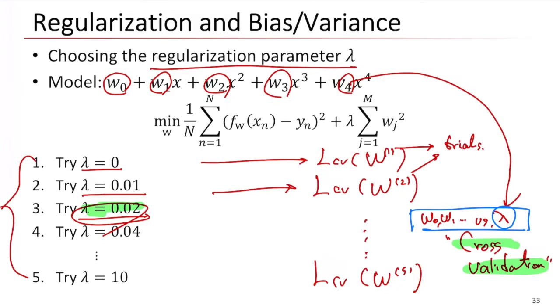During the training phase, we just find the optimal W0 or W1, but we don't know what is the best solution for this lambda value. So that's why we have to think about the cross validation technique to pick this number. So this is called cross validation.